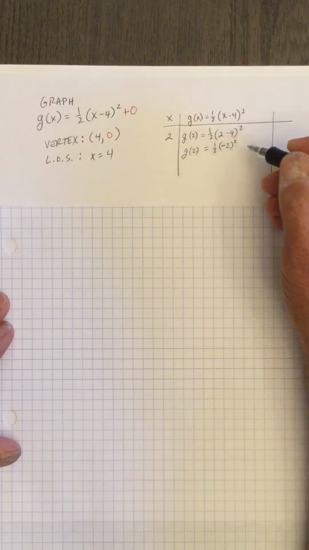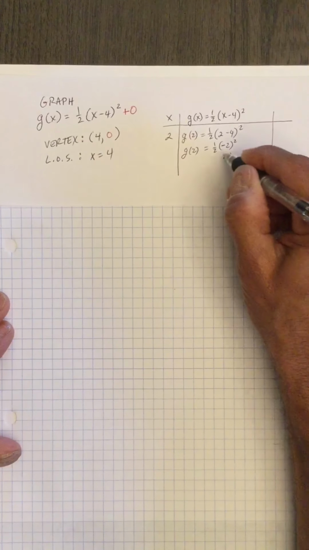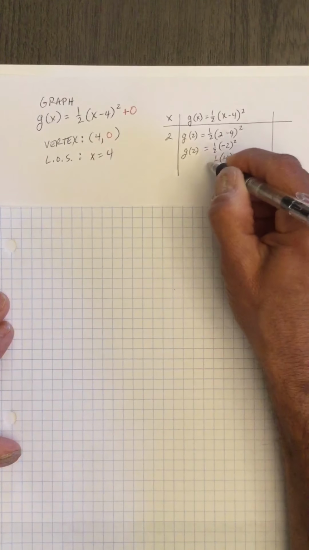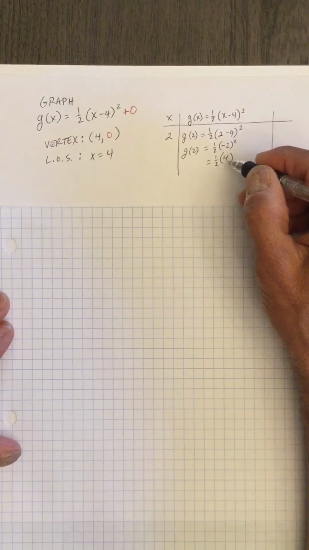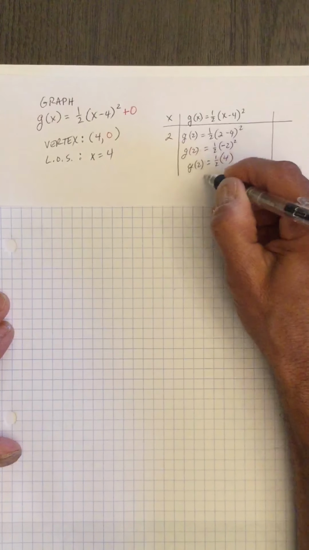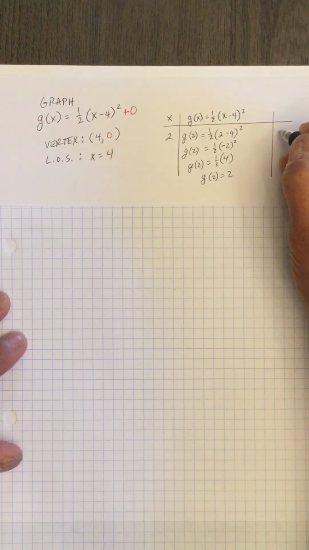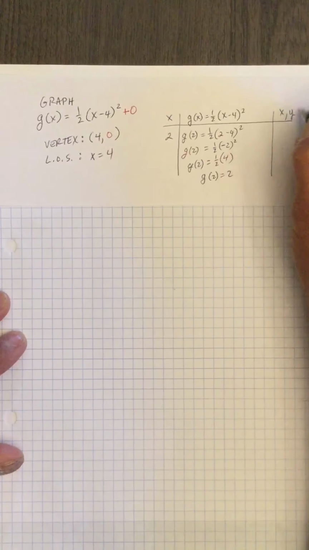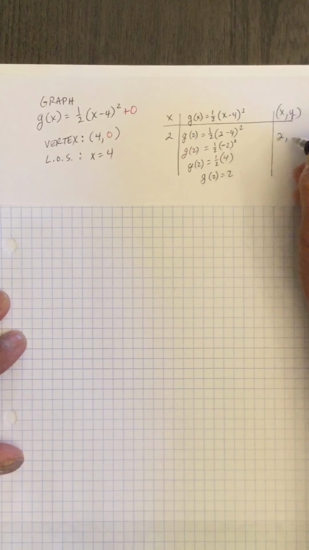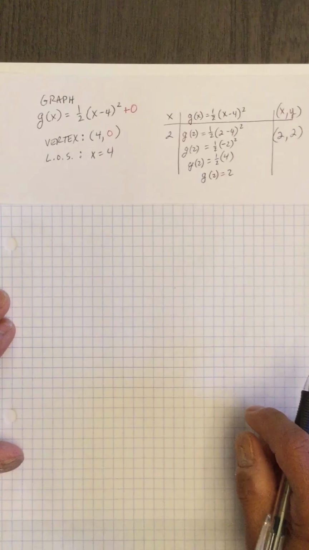What's -2 squared? -2 squared is 4, right? And then 4 times 1/2. What's 4 times 1/2? 4 times 1/2 is 2, right? So g of 2 is 2. So basically, when you put in a 2, a 2 came out, right?